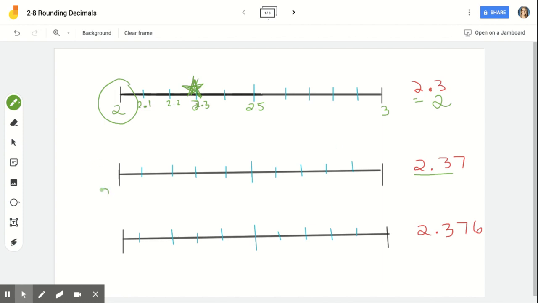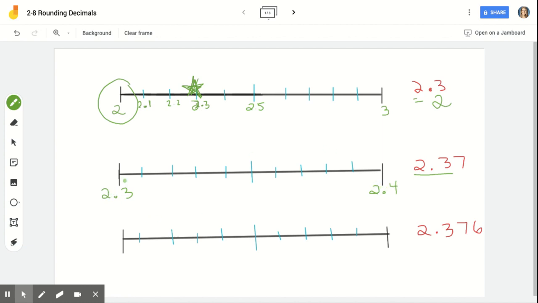On this side of the number line, I'm going to label it 2 3/10. And on the very other end, the next tenth up is 2 4/10. And I'm wondering, is 2 37/100 closest to 2 3/10 or closer to 2 4/10?